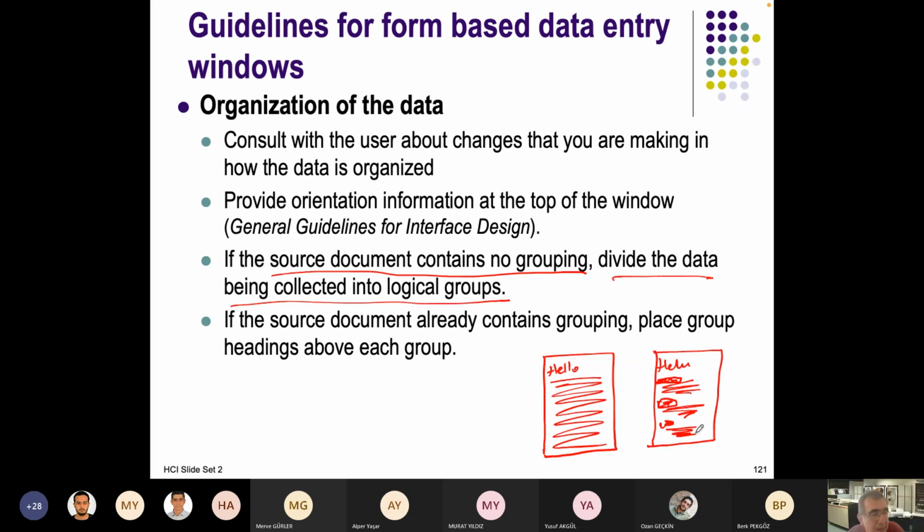So if you are designing for the web and getting some information from the company to put on the web, increase the number of paragraphs, headlines, titles of the paragraphs, and items, so that the information is divided into multiple chunks.